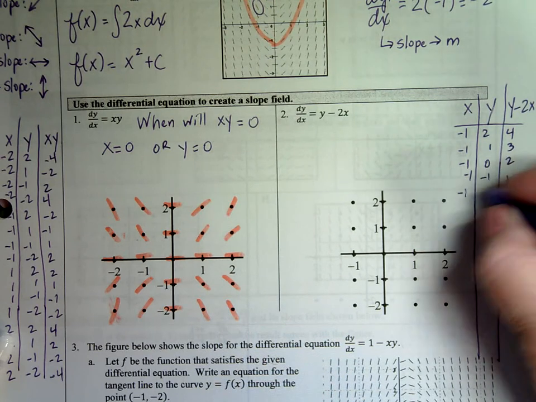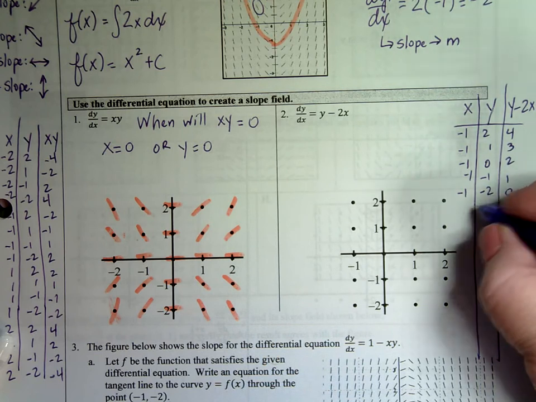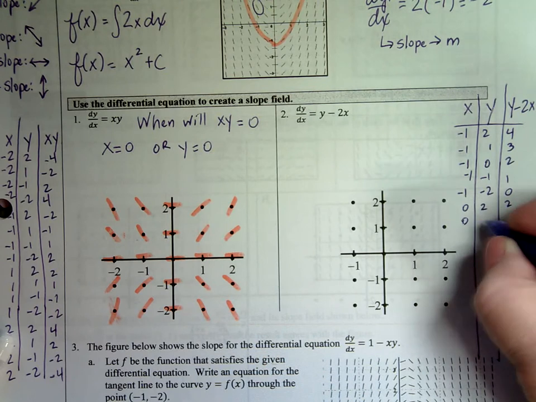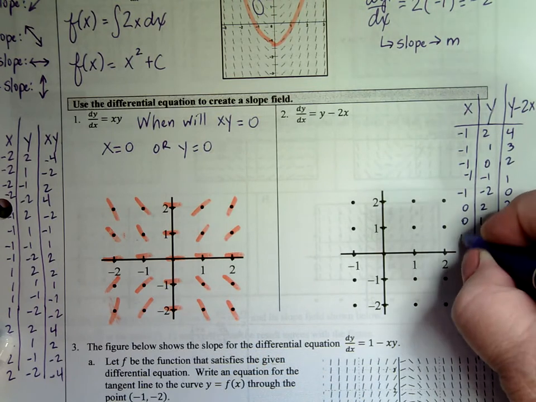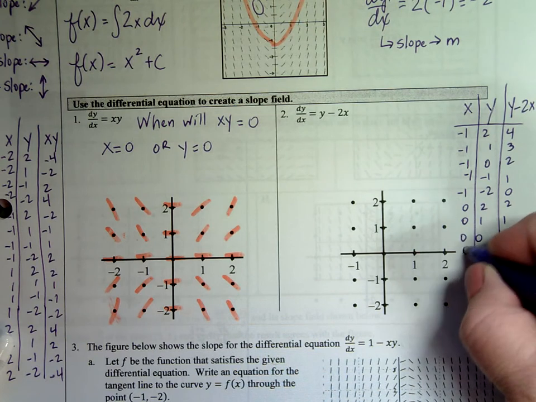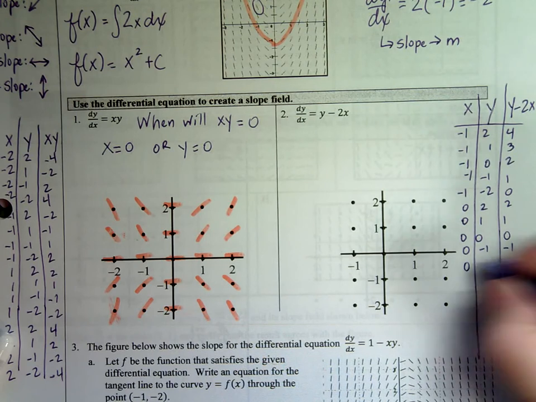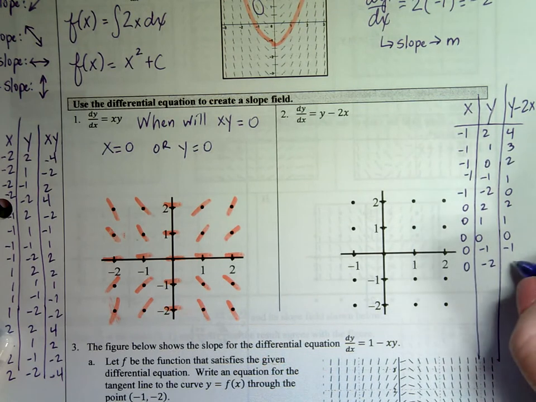Negative 1, negative 2 gives you 0. And then you're into the zeros. 0, 2 gives you 2. 0, 1 gives you 1. 0, 0 gives you 0. 0, negative 1 gives you negative 1. 0, negative 2 gives you negative 2.